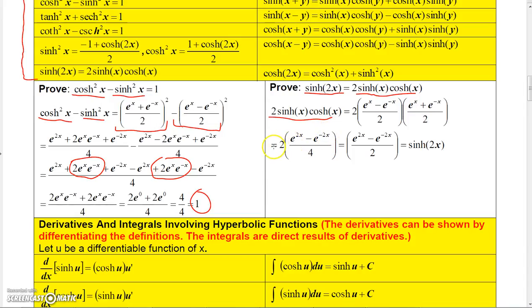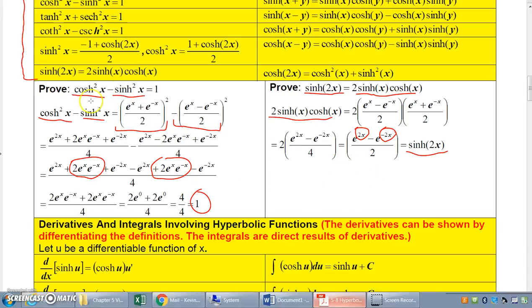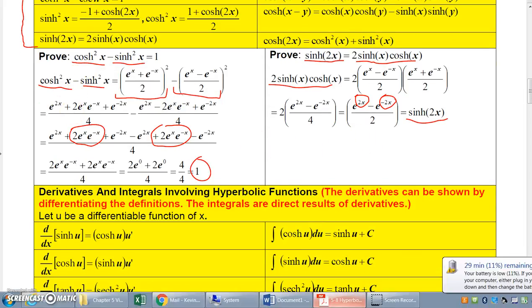And then when you divide 2 into 4, you get 2. Well, since these are 2x's, this would be what you would get if you took the hyperbolic sine of 2x rather than the hyperbolic sine of x. So anyway, you can prove those if you need to, using those formulas involving e to the x and e to the minus x.